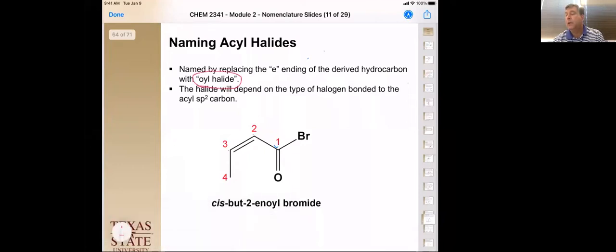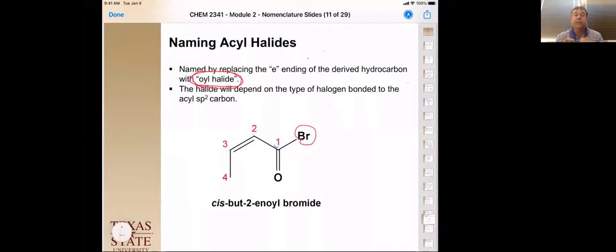So if you have a bromine, it would be oyl bromide, or in the case of a chloride, it would be oyl chloride. So hexanoyl chloride, pentanoyl chloride. Okay, so it's still named for that carboxylic acid.